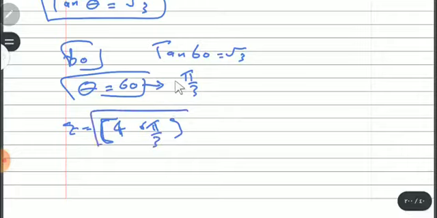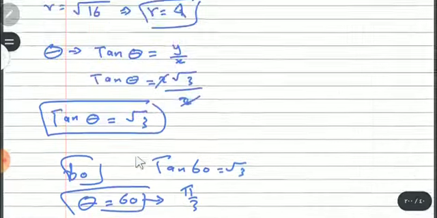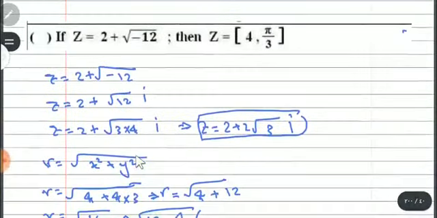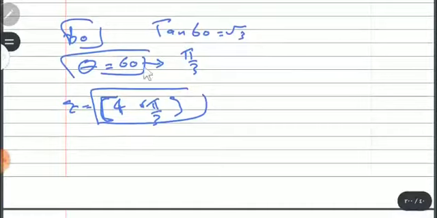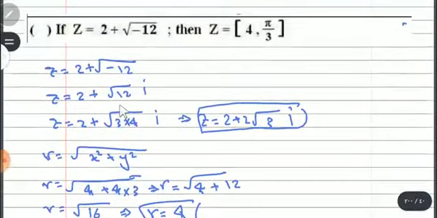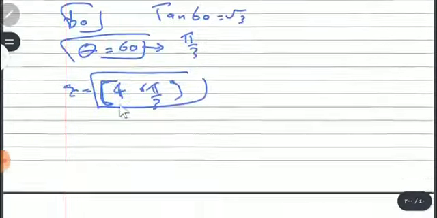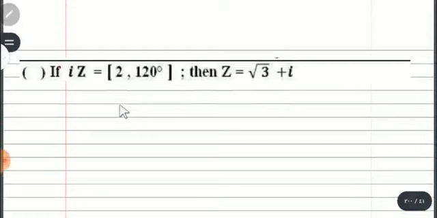So this is z in polar form. So it's the same for pi over 3. So yes, pi over 3. So here it's true. I hope you understand. So let us move on to the next question.